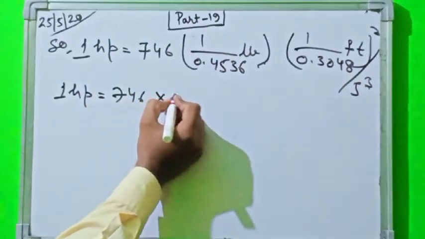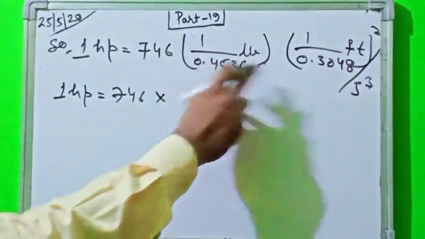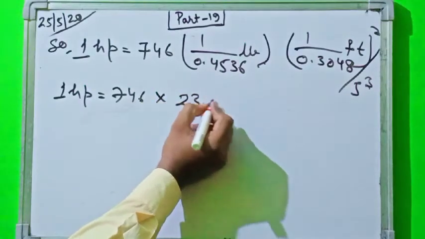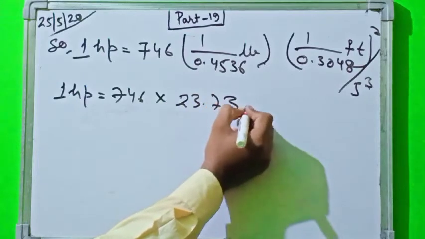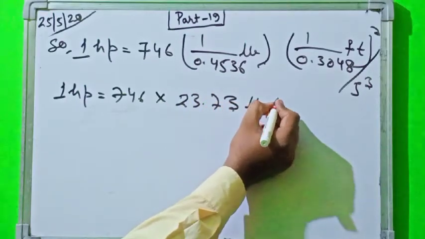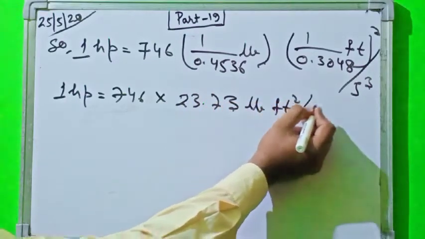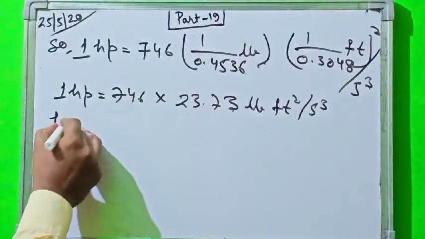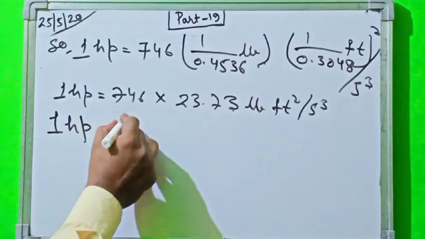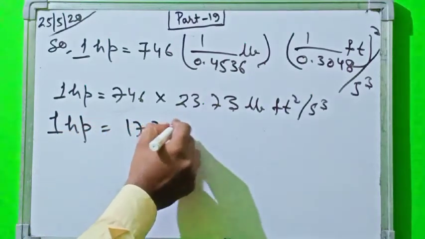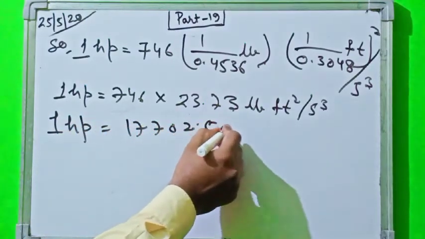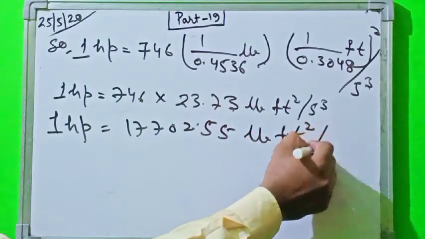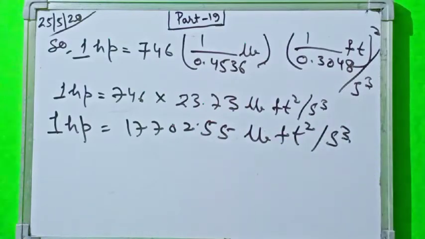On solving this, 1 HP is equal to 746 into, after multiplication, we will get 23.73 LB foot squared per second cubed. And from here 1 HP is equal to 17702.55 LB foot squared per second cubed.